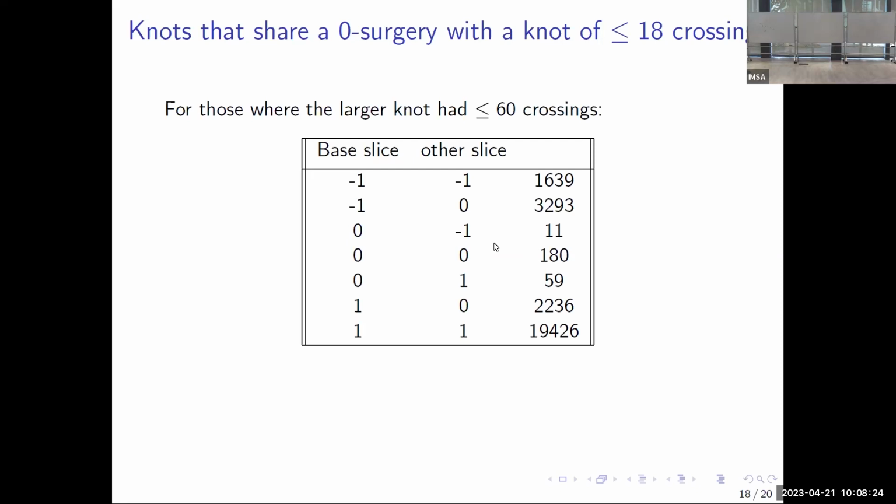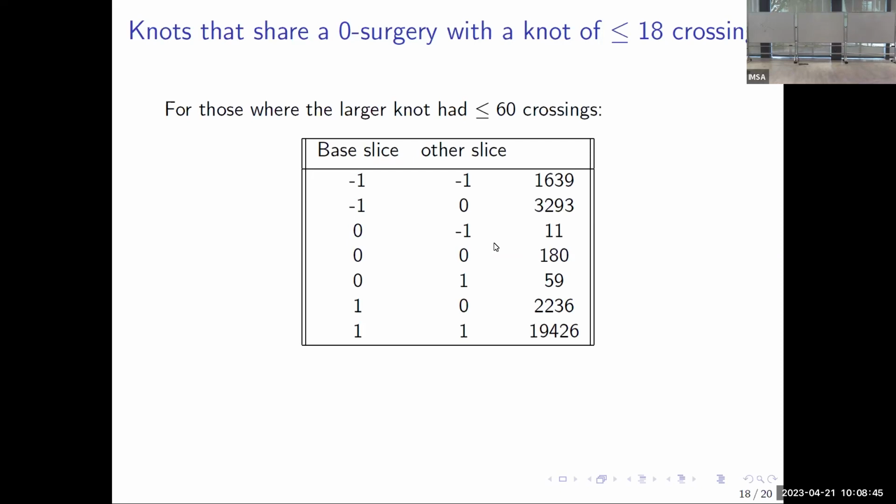Maybe somewhat interestingly, there were actually a few knots, the 0 on the left and 1 or -1 on the right, where we were able to either construct a ribbon disk or obstruct the larger one, but not the smaller one.